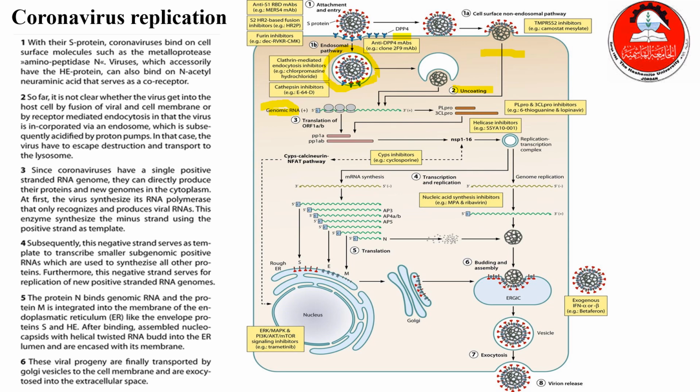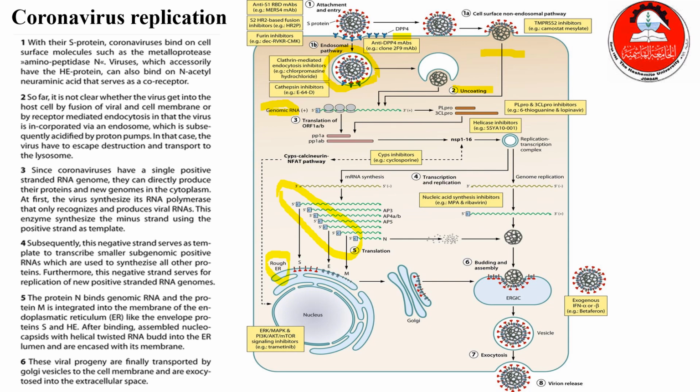It's positive sense, so it can produce the proteins of the virus, and then those proteins go to the rough endoplasmic reticulum, where they assemble to start the assembly process of the virus.